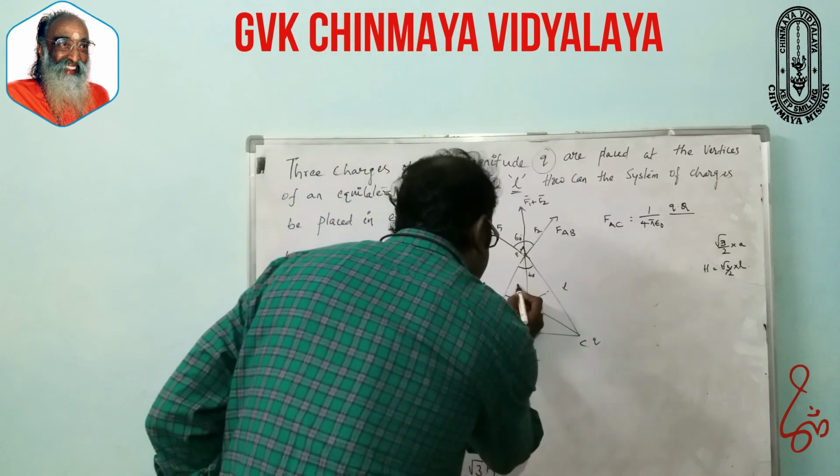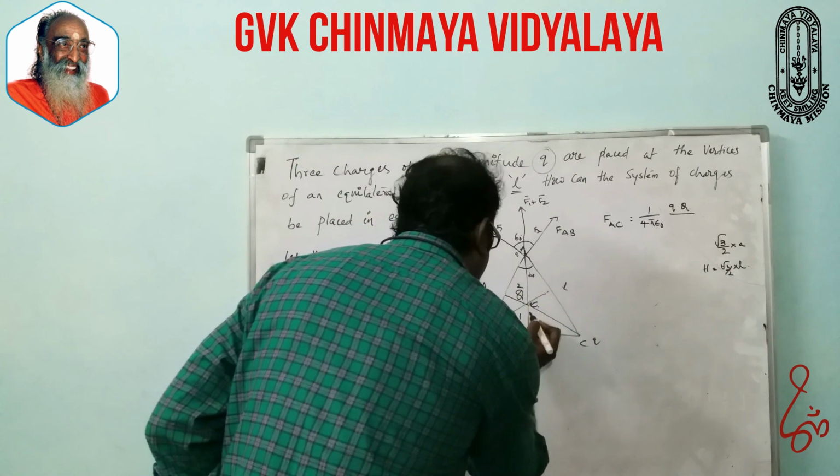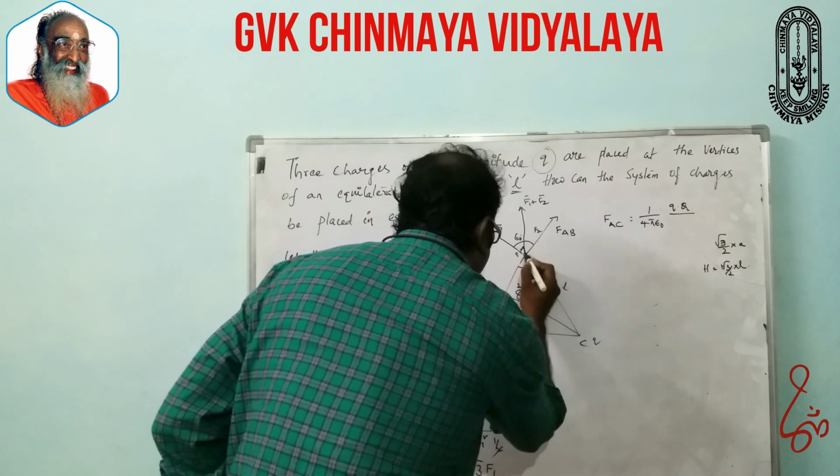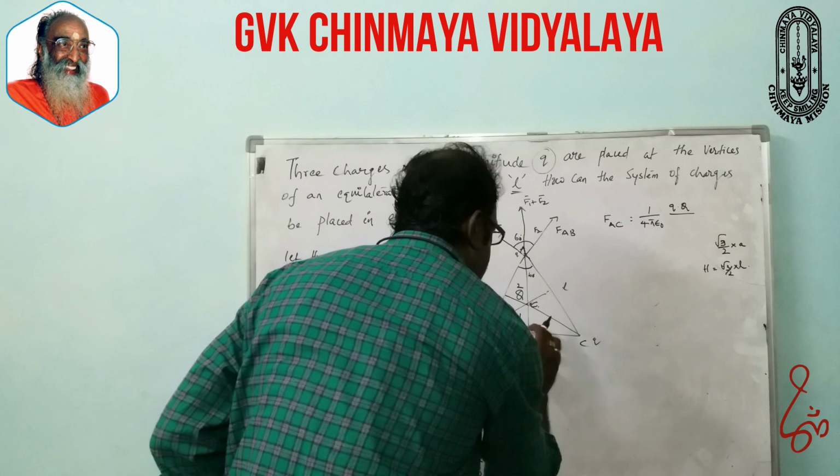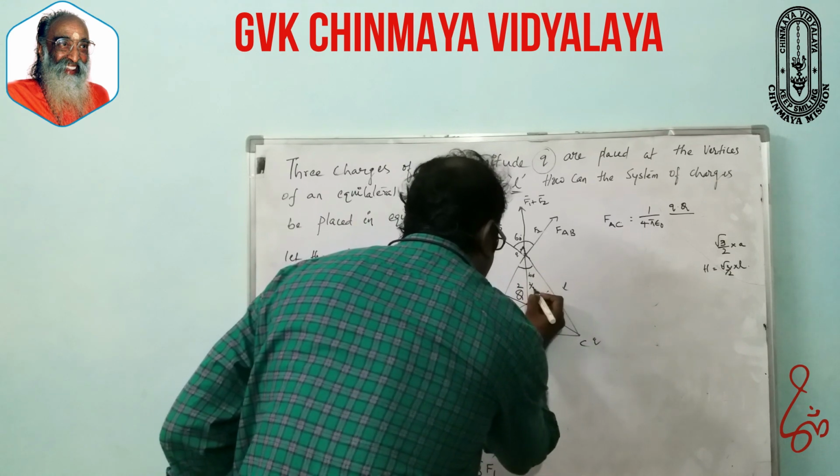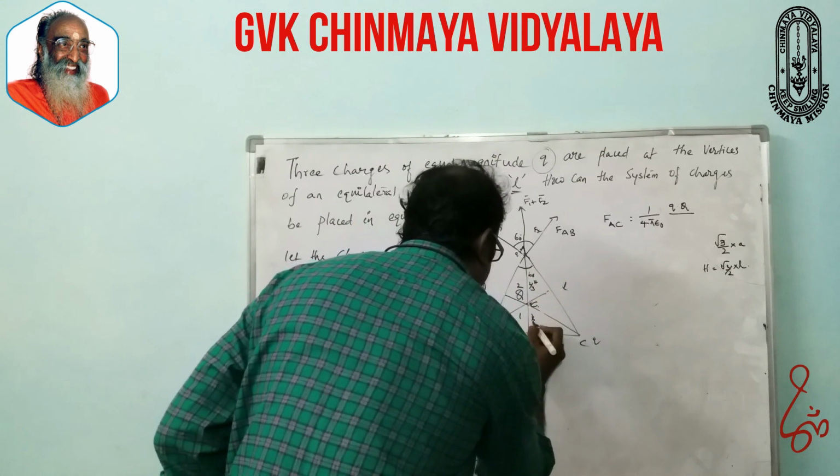You know that this is divided in the ratio of 2:1, and from A to C it is 2/3 of h, and this is 1/3 of h.